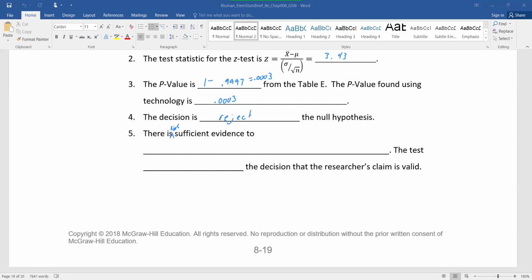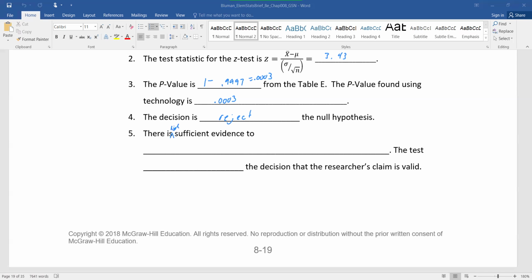to what? How would you write this out? Correct. We know we're rejecting it, but how would you write this out? If we're rejecting the null, that must mean that we're accepting the alternative.